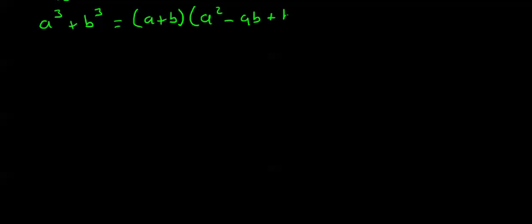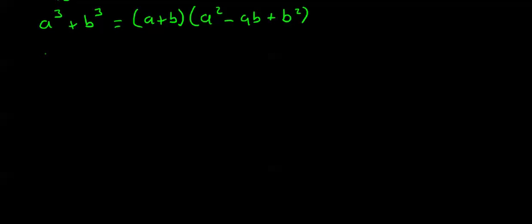All right, the formula that we use for the sum and difference of cubes is given like this. a cubed plus b cubed, the sum of perfect cubes, is equal to the quantity a plus b times the quantity a squared minus ab plus b squared.